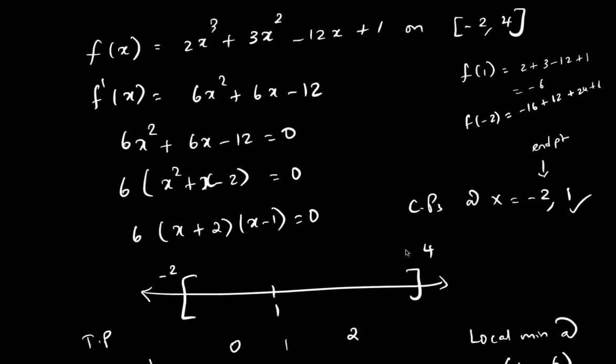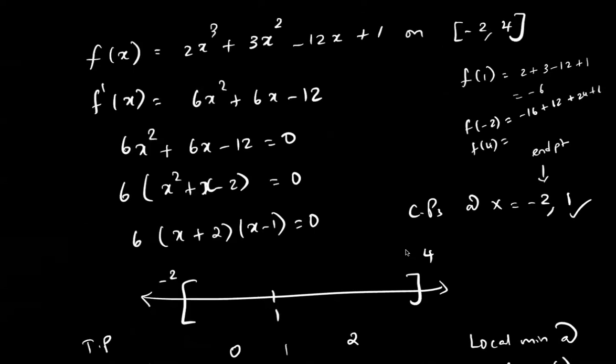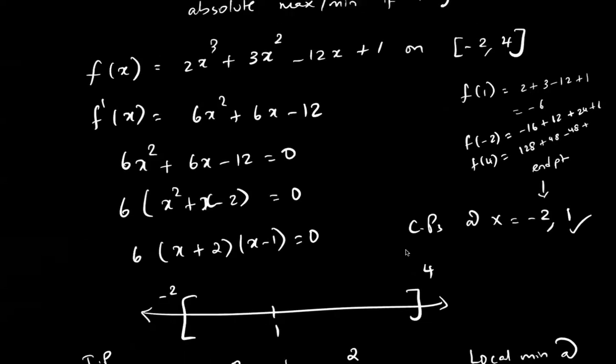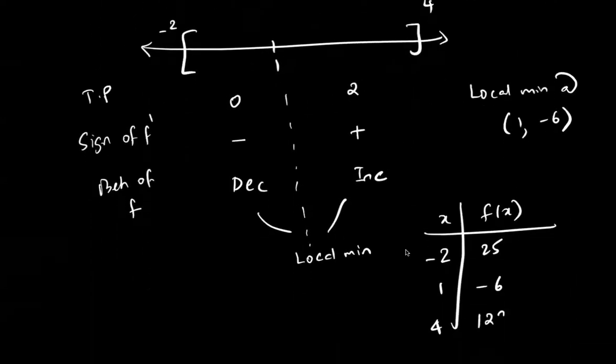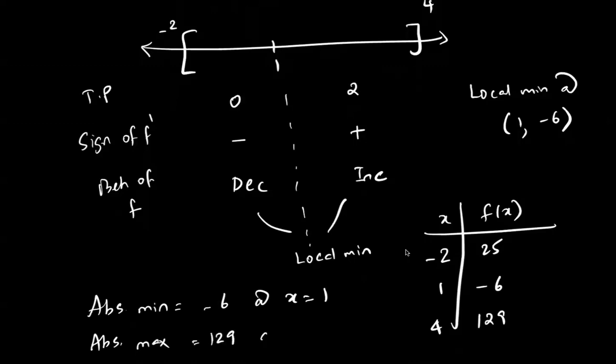And then f of 4 will be 128, then 48 minus 48 plus 1. So that is 129. So what do we conclude? The absolute minimum is -6 at x equals 1. The absolute maximum is 129 at x equals 4.